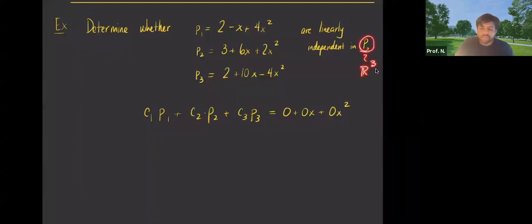Because in the world of P2, our objects, polynomials in P2, have 3 terms. The 2 is not for the number of terms, but the 2 deals with degree. If you have a polynomial of degree 2, you have 3 terms: a constant term, a linear term, and an x squared term. Each of these terms has a certain coefficient. So this can be treated as a vector 0, 0, 0 in R3.